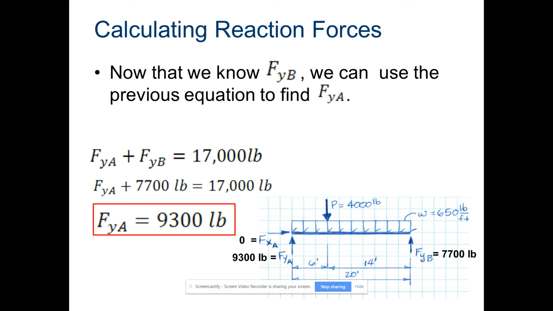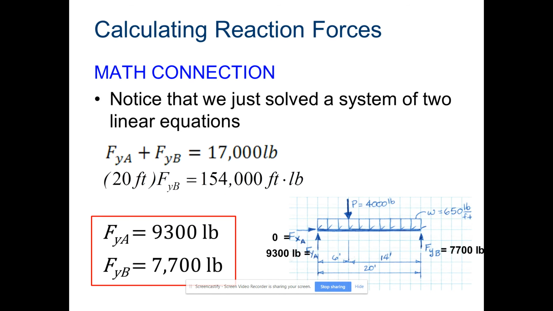All right, now we can jump back to our sum of the forces in the Y direction, and now we can find force YA by doing some simple math. You can also make that connection that we just solved a system of two linear equations for this beam analysis problem, where we came up with FYA of 9,300 and FYB of 7,700.